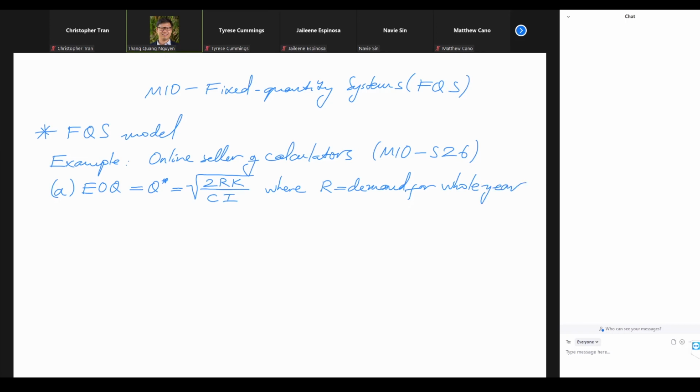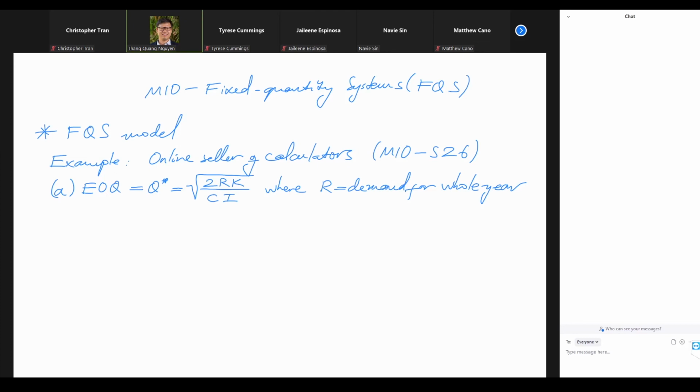In the question, they give us the demand per week, but you need to multiply the demand per week by 52 weeks, right? In this case, we have 52 weeks. If I give you 51 weeks, then you only need to multiply by 51. Otherwise, it's going to be wrong, because 51 weeks means that the store is only open for 51 weeks and takes 1 week off during the year. So you need to multiply by the correct number of weeks.